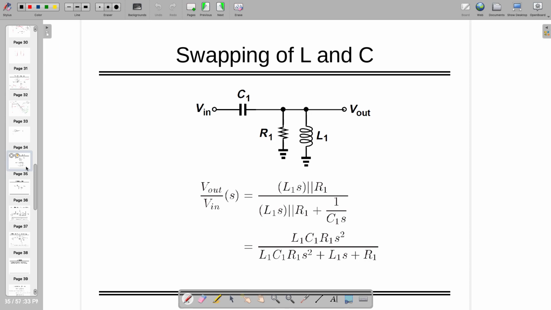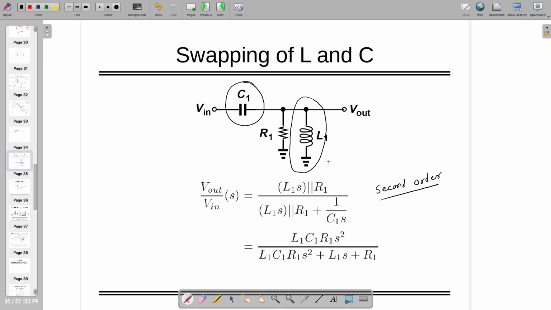Now, if you are swapping between inductor and capacitor, there might be the case that this will again be second order, because there are two different frequency dependent elements.